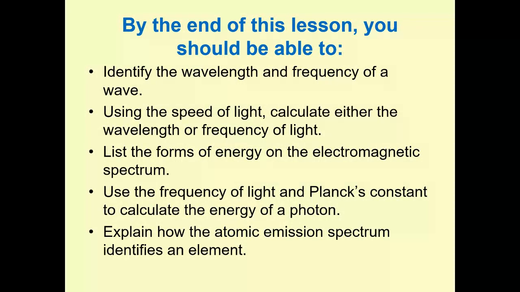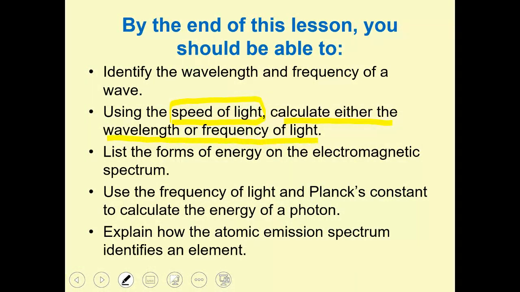You'll need to be able to identify the speed of light and know the value for the speed of light. So, that you have to know. You need to know the equation to be able to calculate the wavelength or the frequency using the speed of light. You will need to know the forms of energy on the electromagnetic spectrum. And that is what we're going to cover in part one.